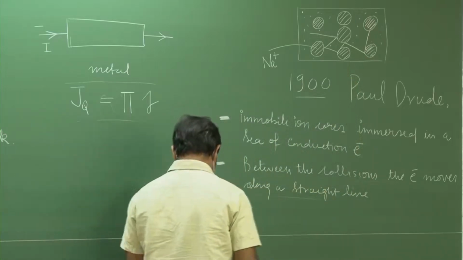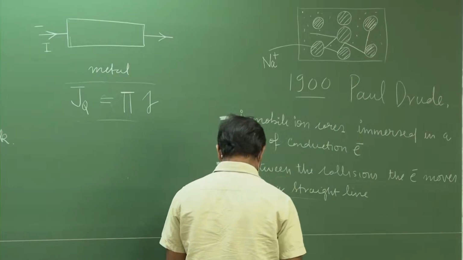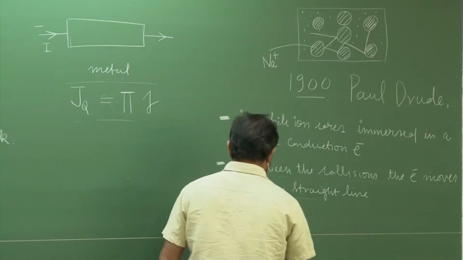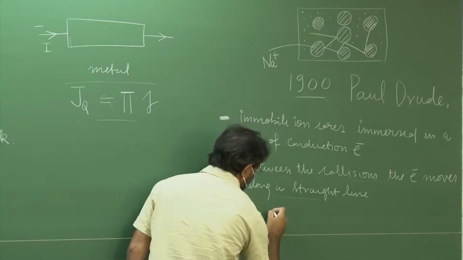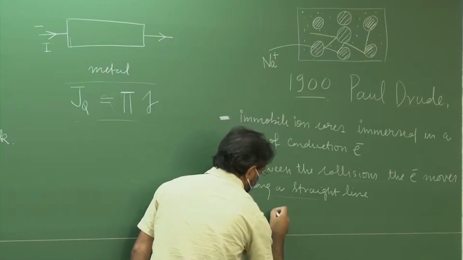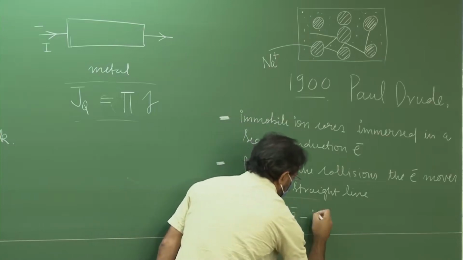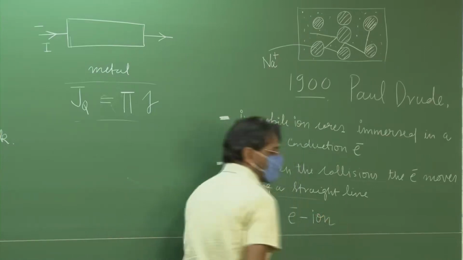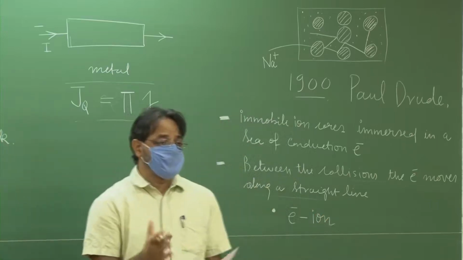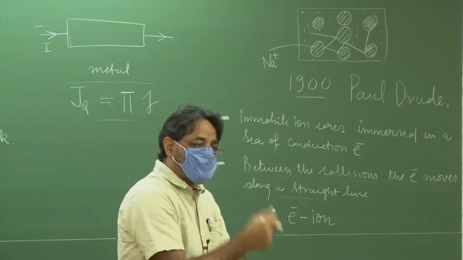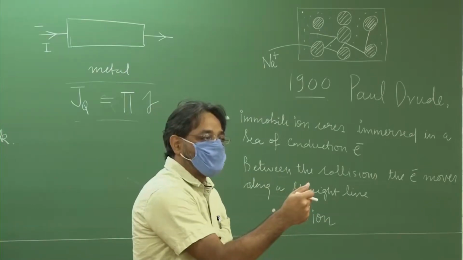So what we have basically done is we have neglected two things here. One thing is we have neglected any interaction between the electron and the ion. We assume that the interaction is instantaneous. It happens only during the collision, and all that it does is change the direction of motion of the electron.